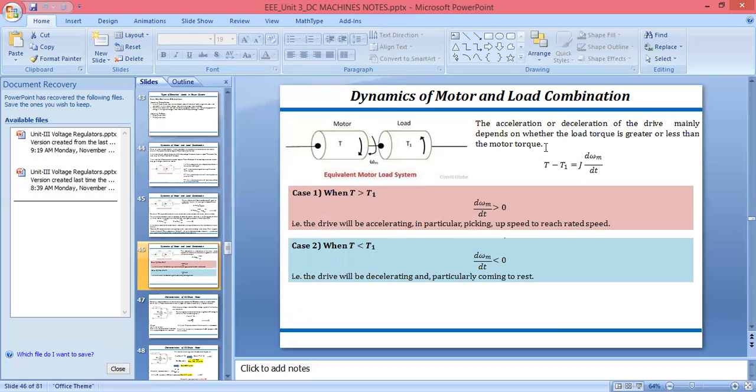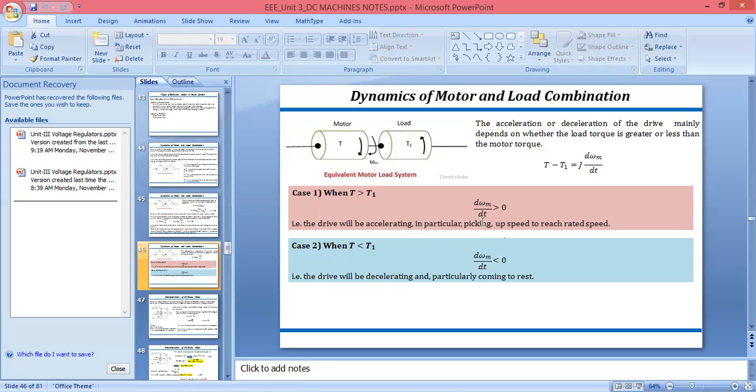So what we can say, the acceleration or the deceleration of the driver mainly depends on the value of load torque. Is it greater or is it less? Because we are getting the equation tau minus tau 1 equal to J dwm by dt. If the value of torque is greater than the load torque, at that time the driver will be accelerating, because you will get tau minus tau 1 greater than 0. At that time this value dwm upon dt will be greater than 0.